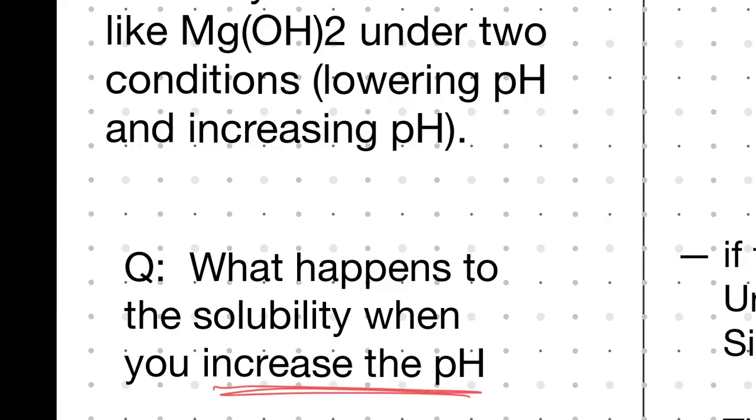Since pH is determined by the concentration of the proton, if you increase the pH, then the proton concentration clearly has to go down, because if pH is going up, that's putting us into the basic realm. When you increase the pH, the concentration of the hydrogen ion is going to be significantly smaller than the hydroxide concentration. So literally the concentration of the proton is going to go down.